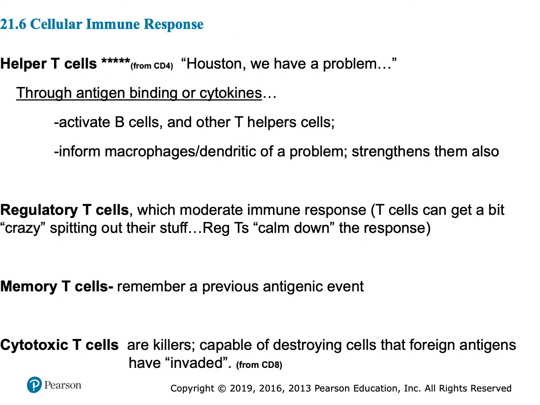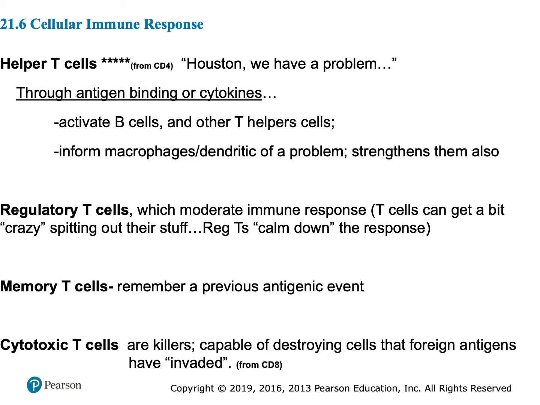So let's go into some specifics about those different kinds of T cells. Helper T cells. There is a problem somewhere, somehow. There is a problem, and the helper T cell, now he has to get activated too. We'll get into details about that in a little bit, but once he is activated, his job is to help everybody else.